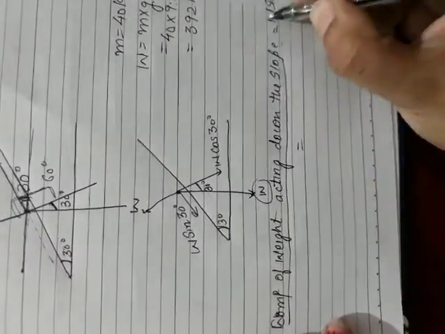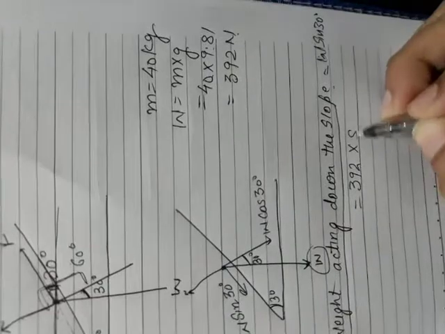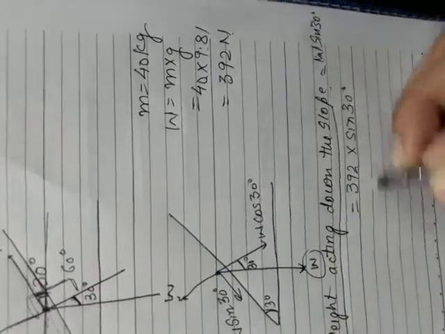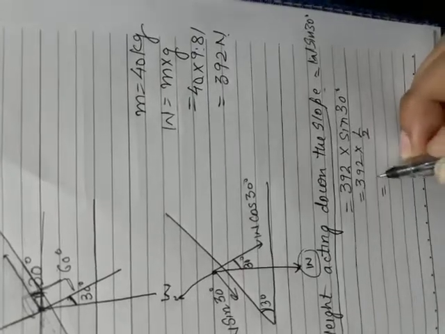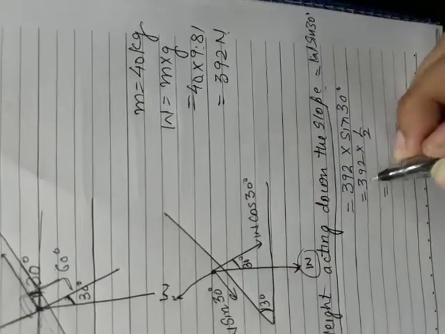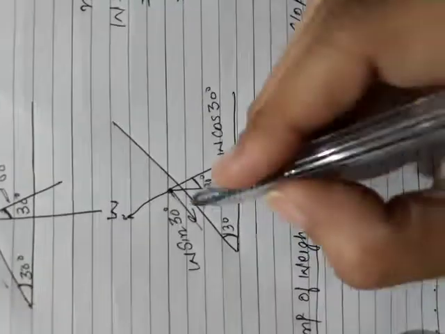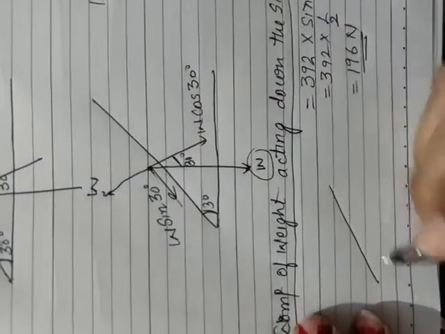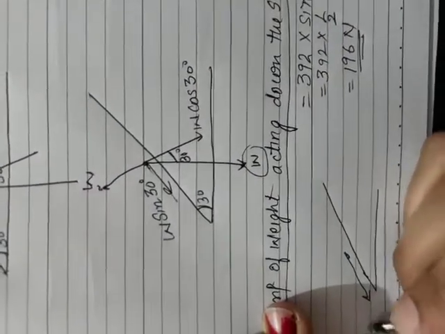The component of the weight acting down the slope is W sin 30, which is 392 into sin 30. Sin 30 is 1 by 2, so when you solve this, you get 196 Newton. So how much is acting downward? 196 Newton.